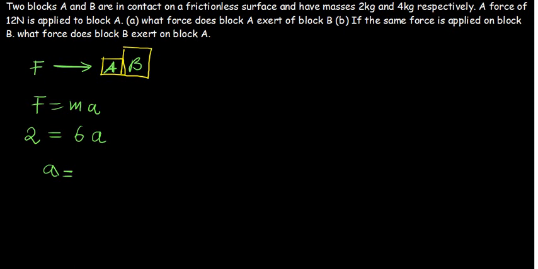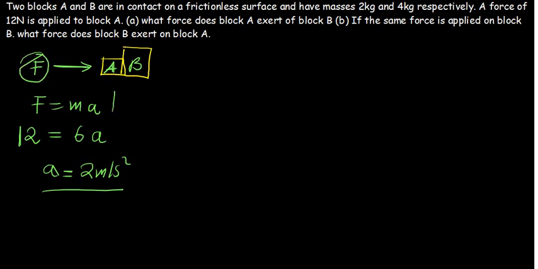Now I want to find the force on block B. Block A is going to exert a force on block B. How do we find that? Again, use the same formula: force is given by mass multiplied by acceleration.